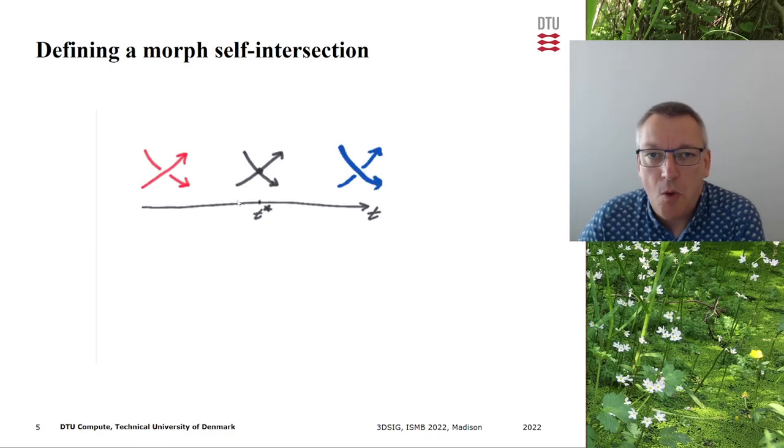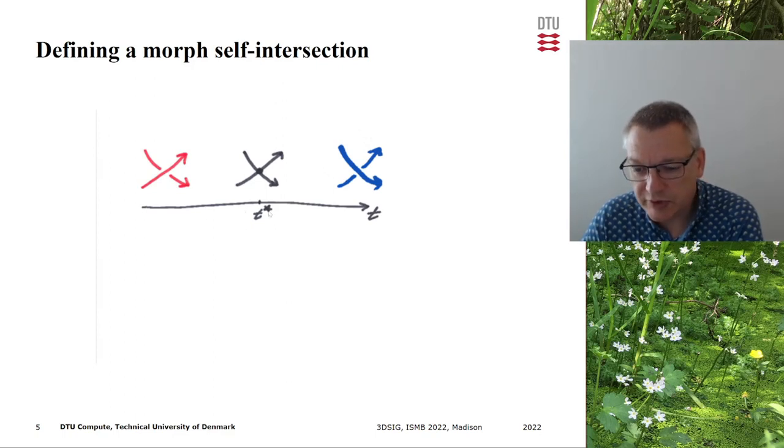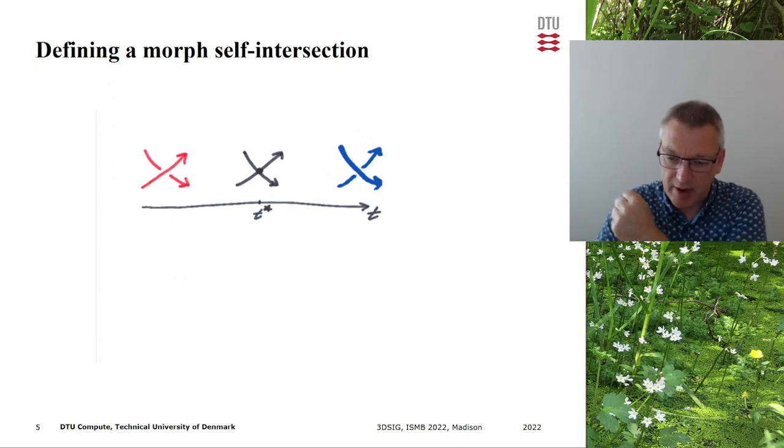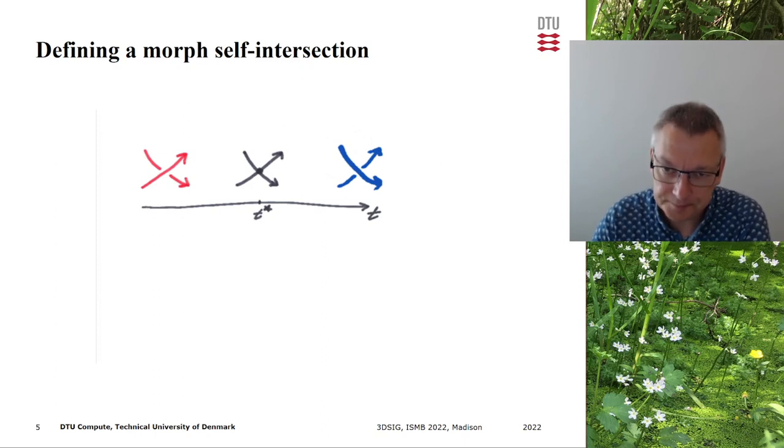So what is a self-intersection doing this linear interpolation? Well, at some point t between 0 and 1, you get a double point on the backbone where it passes through itself. It's actually checked that it's a so-called transversal self-intersection, where the line segments actually pass through each other.